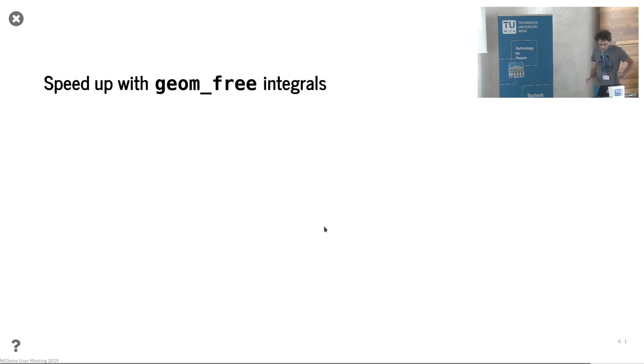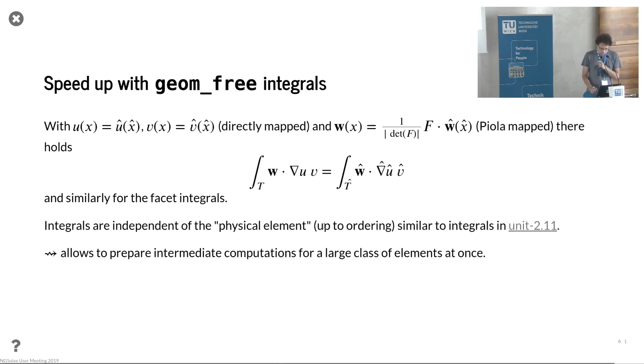Now the motivation was to get something faster, so let's try to get this faster. What we do now is we exploit the geometry flags, the geom-free flag that we saw before. For that, we again exploit that we have something geometry-free in our formulation.